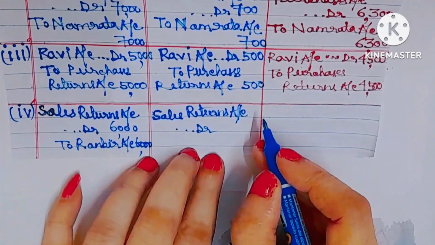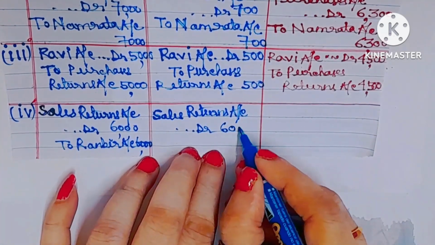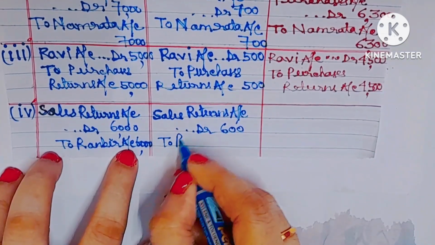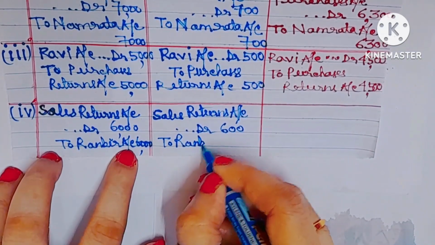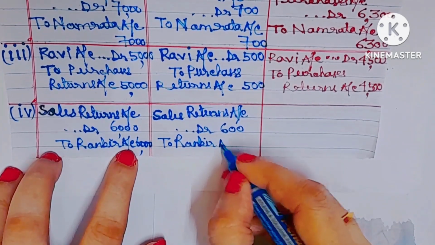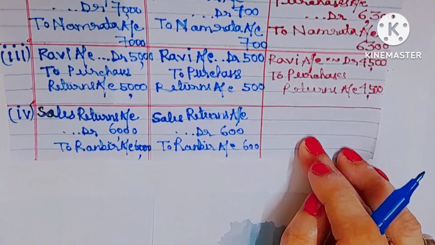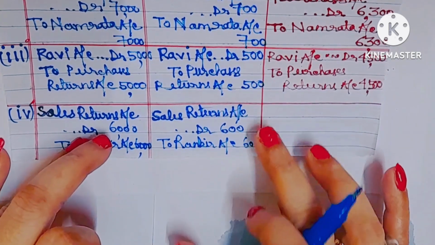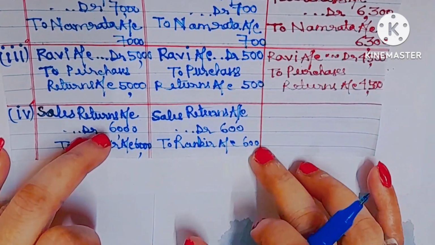Instead of 6,000, they have recorded less, 600. To Ranbir account 600. Debit 600, credit 600. Okay? On the debit side also 600, on the credit side also 600.